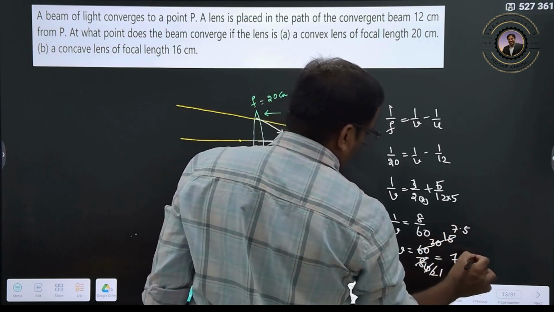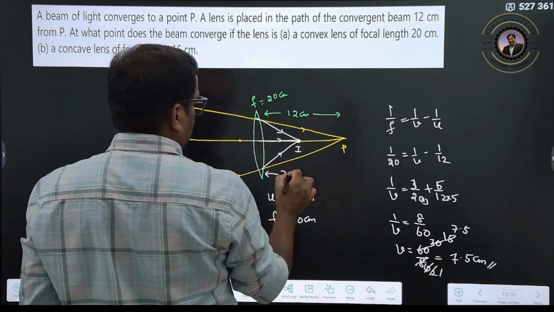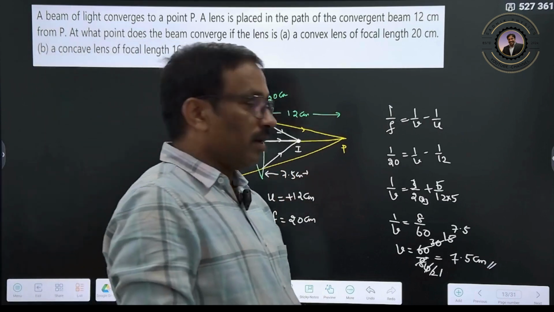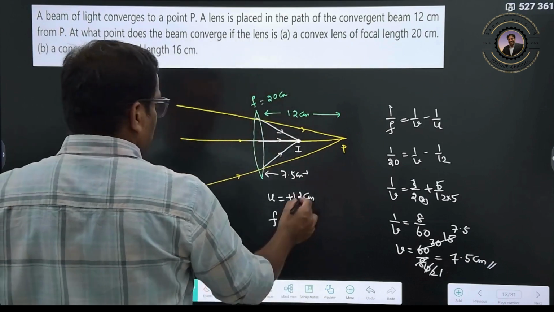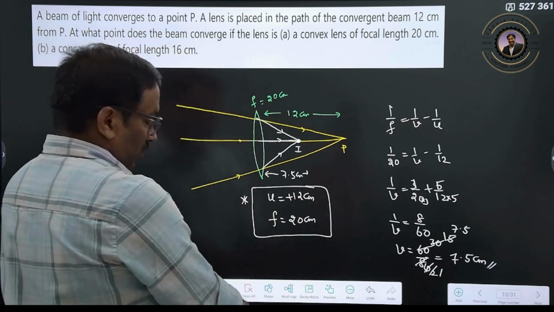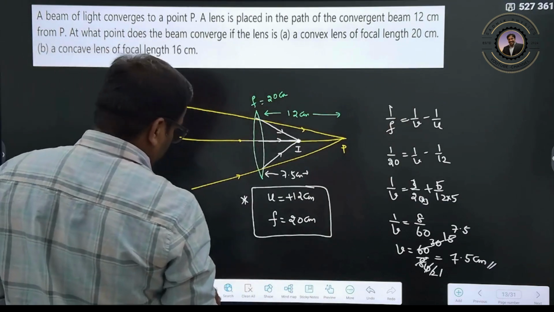So they are going to form at 7.5 centimeter. This distance is 7.5 centimeter. So that is why the object distance can be positive also, it cannot be only negative.